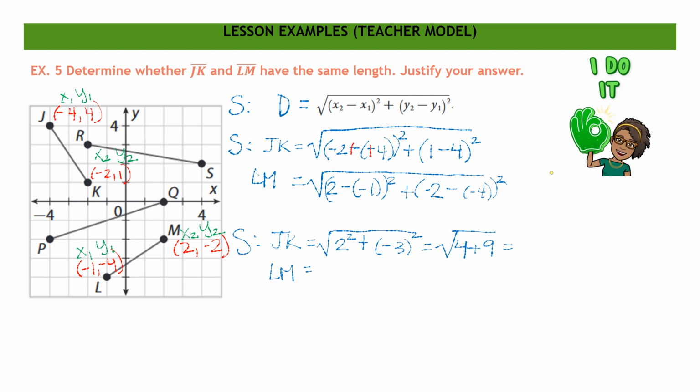So 4 plus 9 gives me the square root of 13.